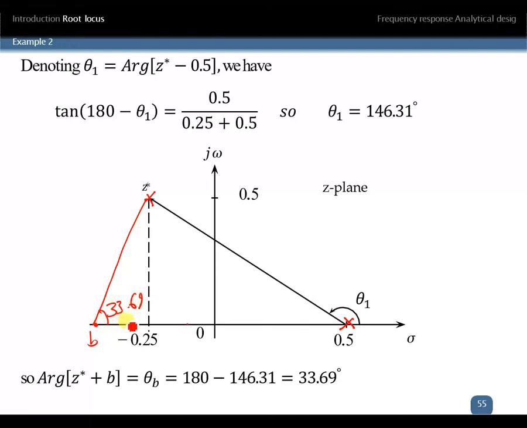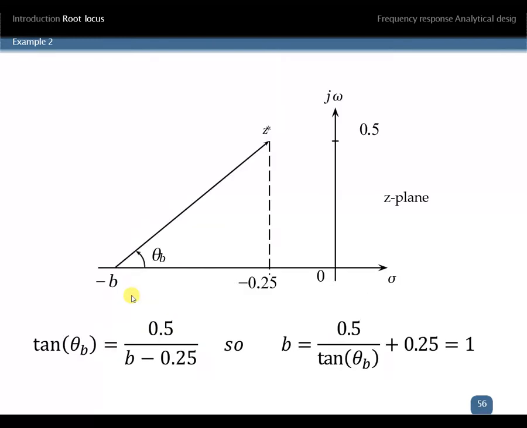33.69. The arctangent gives this distance. I know 0.5 divided by this distance. This distance, that means B minus this, becomes this distance. I can find B easily. B minus here and 0.5, I can find B equal to 1.